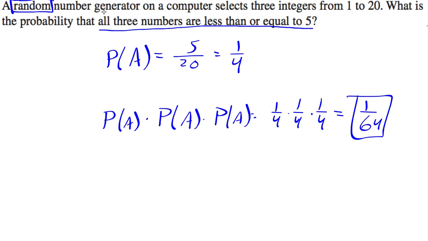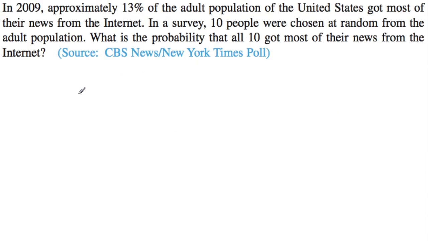The fact that it shows, let's say, 3 for the first number has no impact on the second one. Now, if I have a bunch of marbles in a bag, and I don't put one back in, the probability for selecting a second marble has changed. So those aren't independent. But if I do replace it, put it back in, then it is independent.